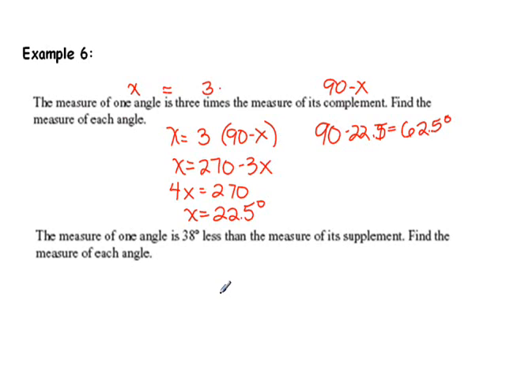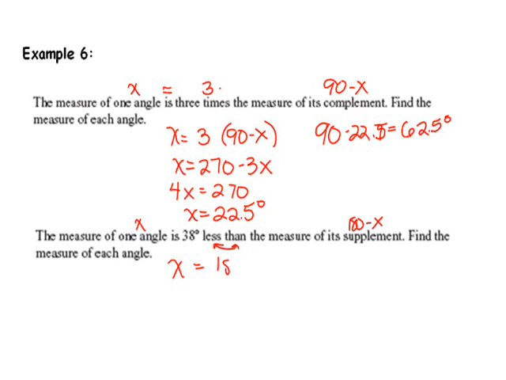All right, you guys pause the video and you try to set up this next word problem. Okay, again, I have an angle and I have its supplement. So this time we're talking about 180 minus x. And it says the measure of one angle is 38 degrees less than. So this "less than" causes me to flip, right?